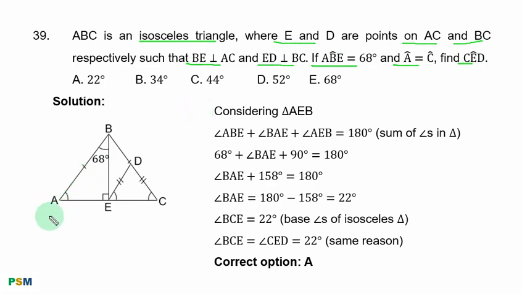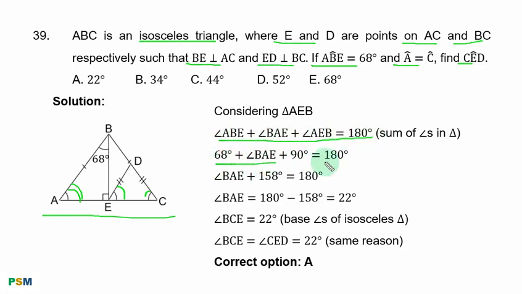Solution. This diagram represents the given information. We are to find this angle CED. We need this angle with the help of this angle. To get this angle, we have to consider triangle AEB. It is a right-angled triangle. The sum of the three angles is equal to 180 degrees.